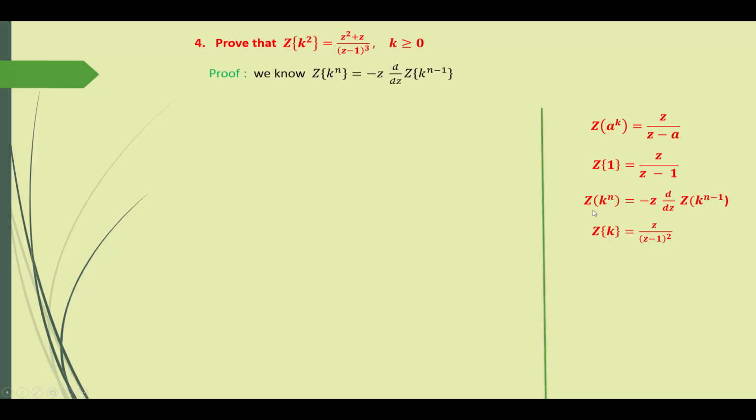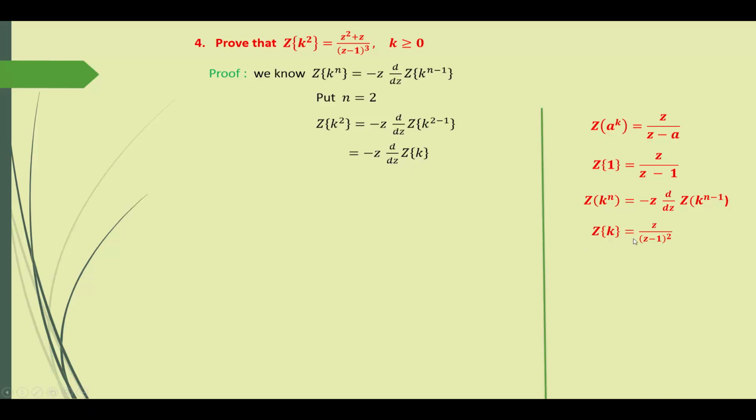Again use the same formula: z transform of k raised to n equal to minus z into d by dz of z transform of k raised to n minus 1. Here put the value of n equal to 2. We get z transform of k square equal to minus z into d by dz of z transform of k raised to 2 minus 1, that is k raised to 1, so z transform of k only.